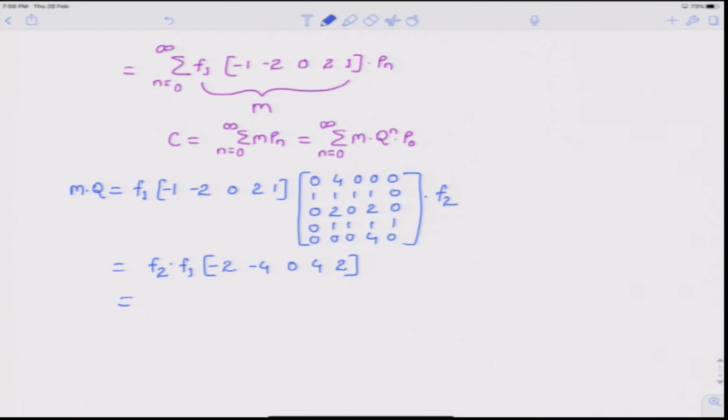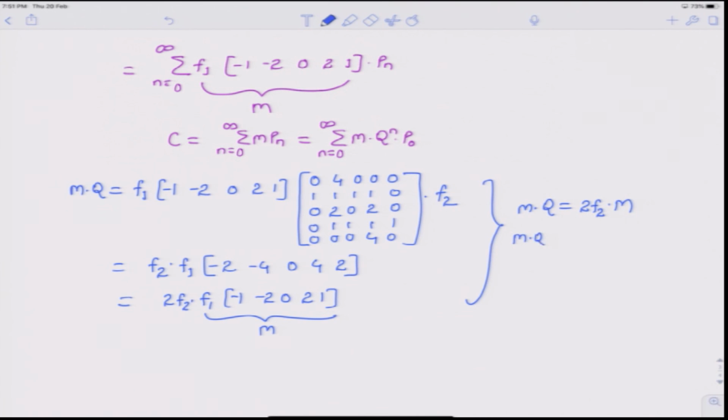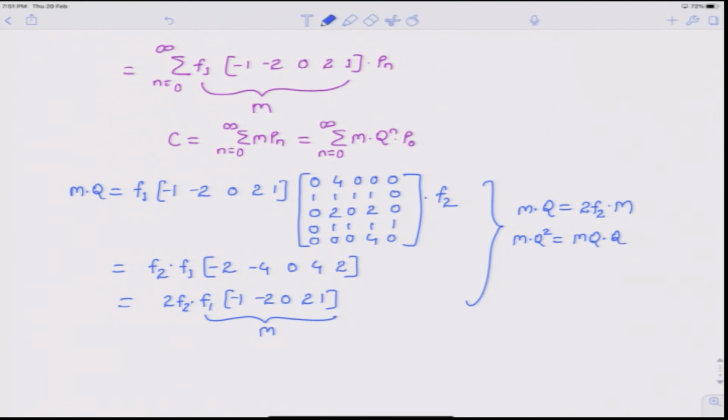This we can write as 2 times F2 times F1 times minus 1, minus 2, 0, 2, 1, and again this matrix is nothing but what we defined as matrix M. So we get M times q is equal to 2F2 times M. So M times q square we can write as M times q, that should be equal to 2F2 times M times q.